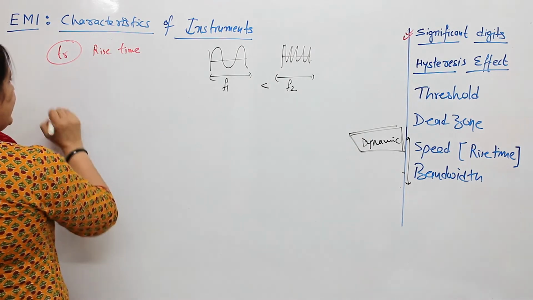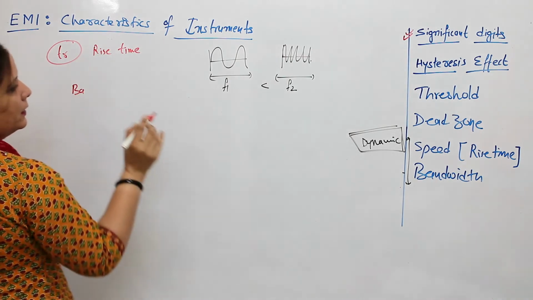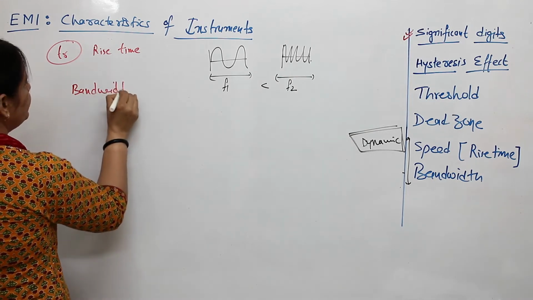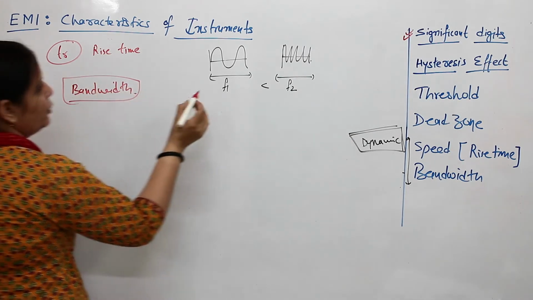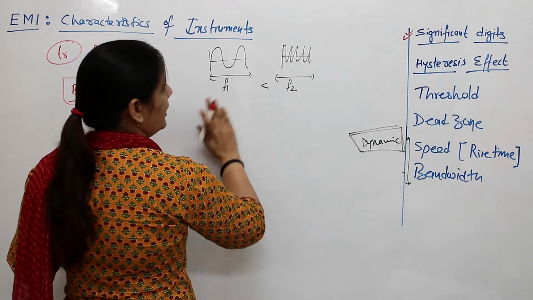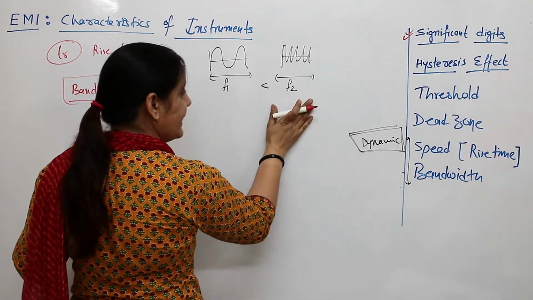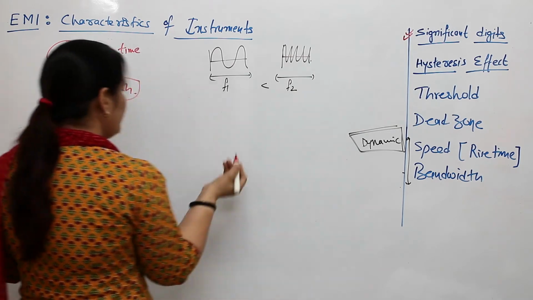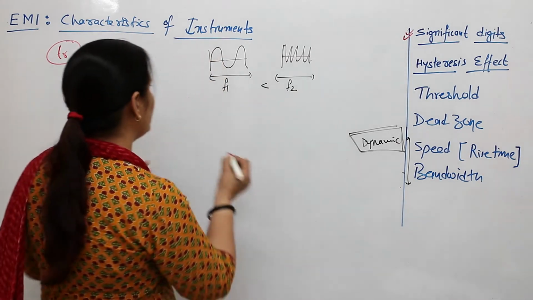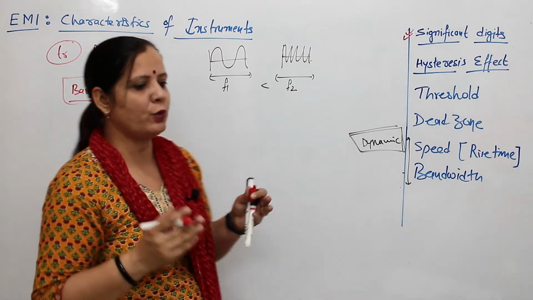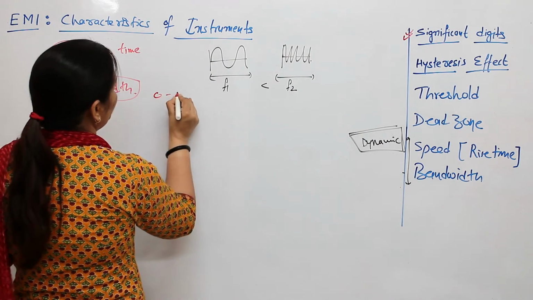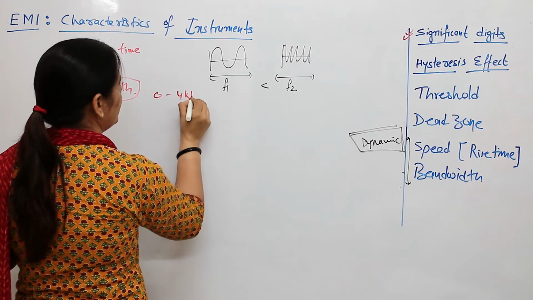Okay, second term that comes along with dynamic characteristics is bandwidth. Basically to measure this input, you require a unit that has a high speed. Okay, there may be a chance that your input is not having a fixed frequency. You have to measure the signal. For example, you have to measure the intensity of the audio signal. So audio signal 0 to, for example, 4 kilohertz.